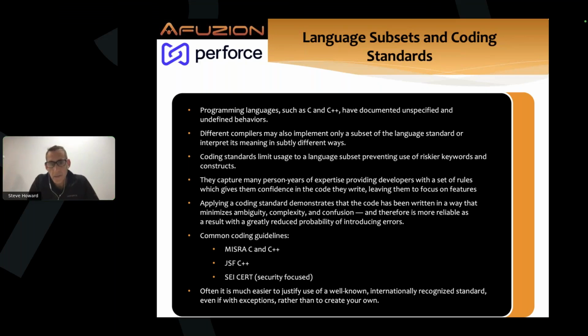The original MISRA standard, MISRA C, back in 1998, was very much focused on that first requirement of making sure we didn't have unspecified and undefined behaviors, and also making sure we weren't using any less safe areas of the language. Unfortunately, that also included things like dynamic memory.